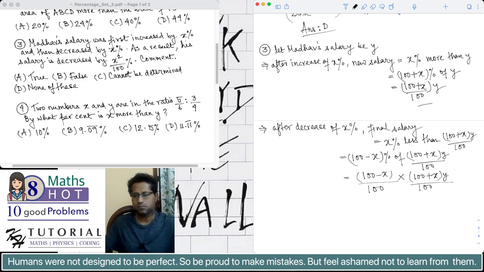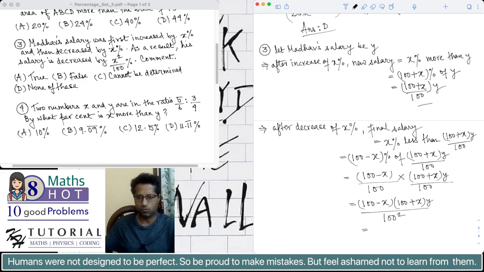Okay, now this is equal to 100 minus X multiplied by 100 plus X. Okay, so let's do step by step. 100 minus X multiplied by 100 plus X multiplied by Y divided by 100 square.